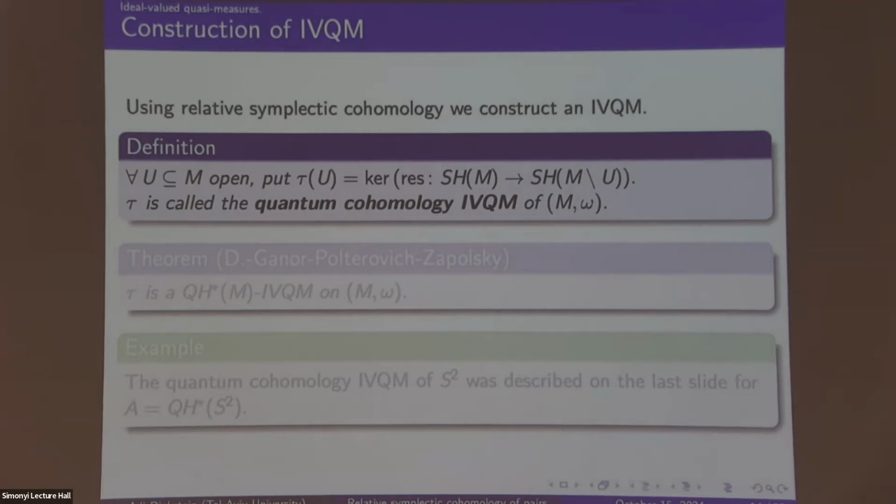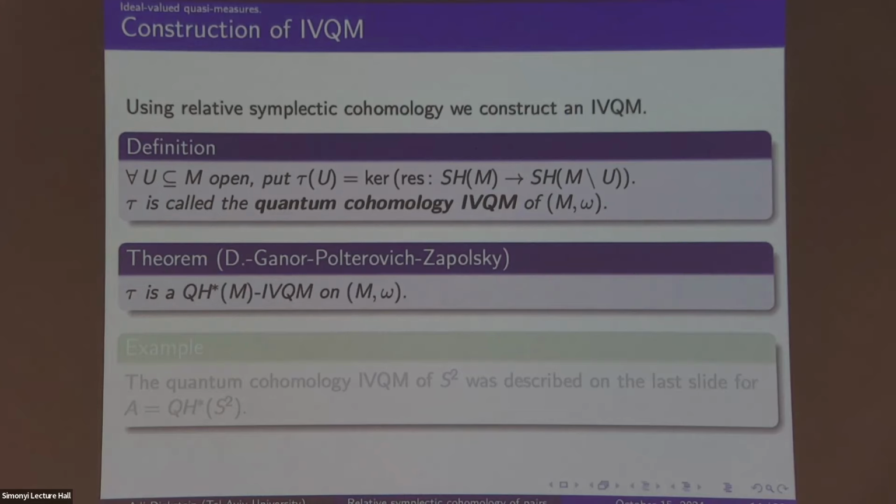Take an open set, and we define its measure to be the kernel of the restriction map from M to the complement of U. You can think of the elements of this ideal as elements with support in U in some sense, just as an intuition. And what we proved is that this is really an IVQM over the quantum cohomology.